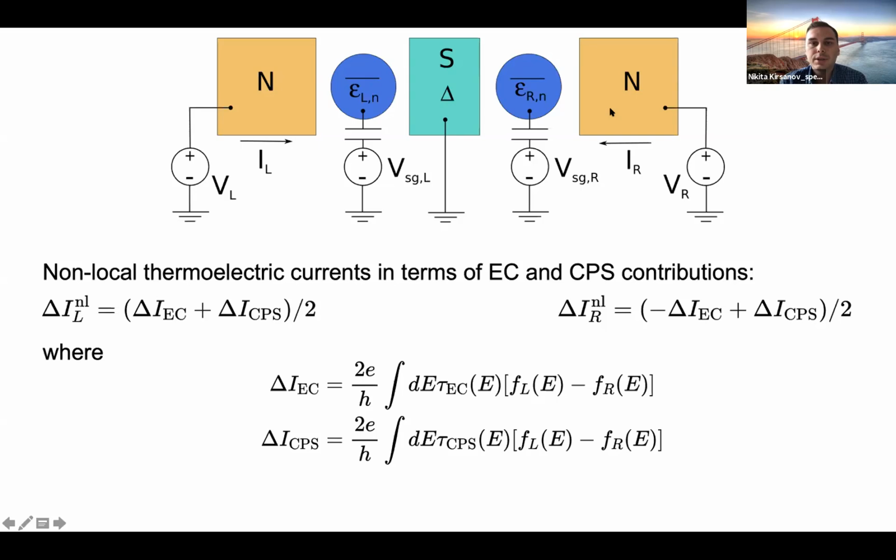The mechanism for it is Cooper pair splitting and elastic tunneling. These non-local currents on the left and on the right can be expressed by these relations, where the first contribution stands for elastic tunneling and the second one for Cooper pair splitting, which can be written in a simple Landauer form.